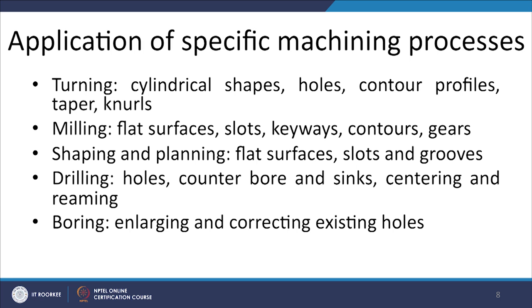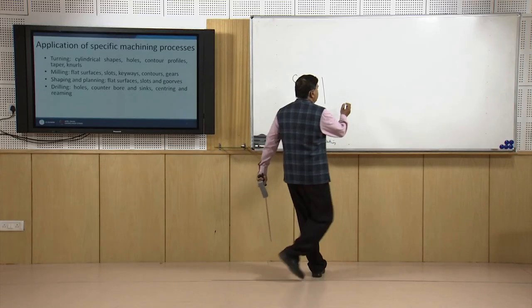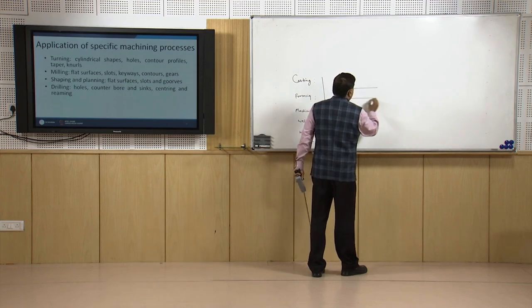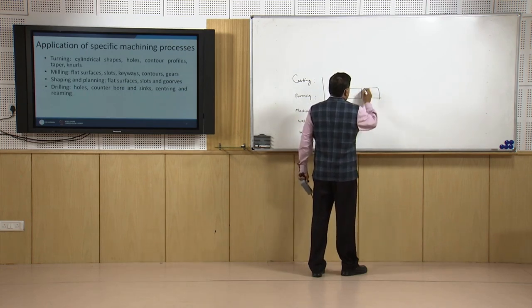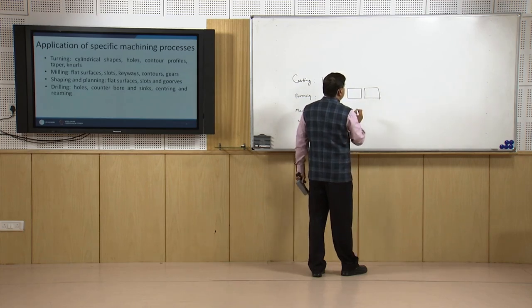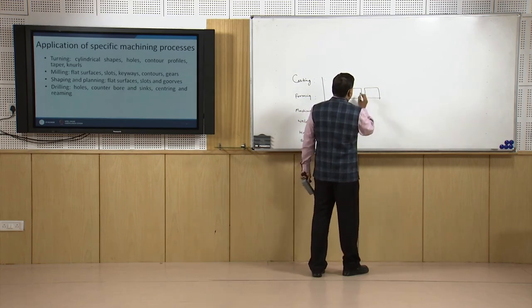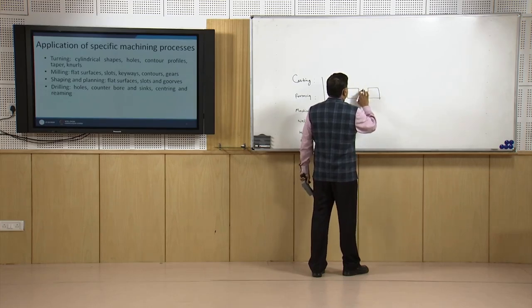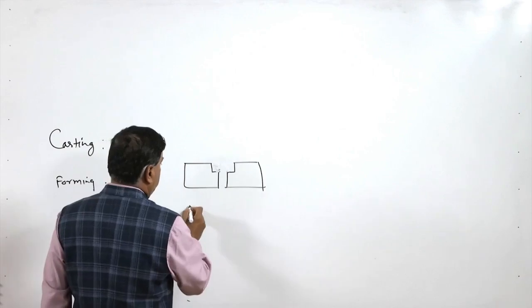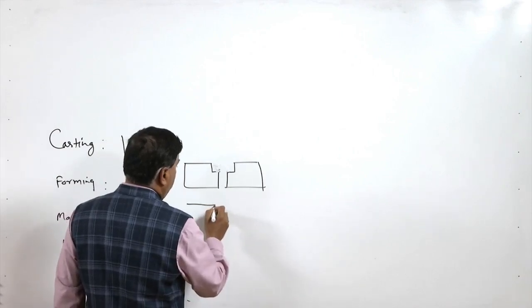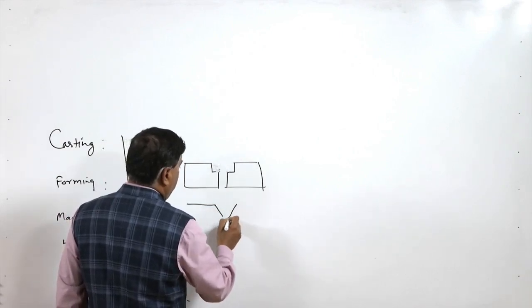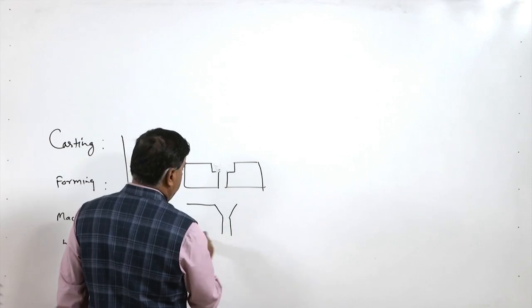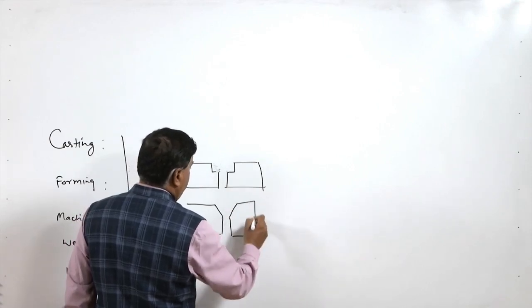So, the counterboring is basically, say, in an object we have a hole like this. If the hole is partially enlarged like this, that is the counterboring process. And the same hole can be made for countersinking by developing the geometry in this way.